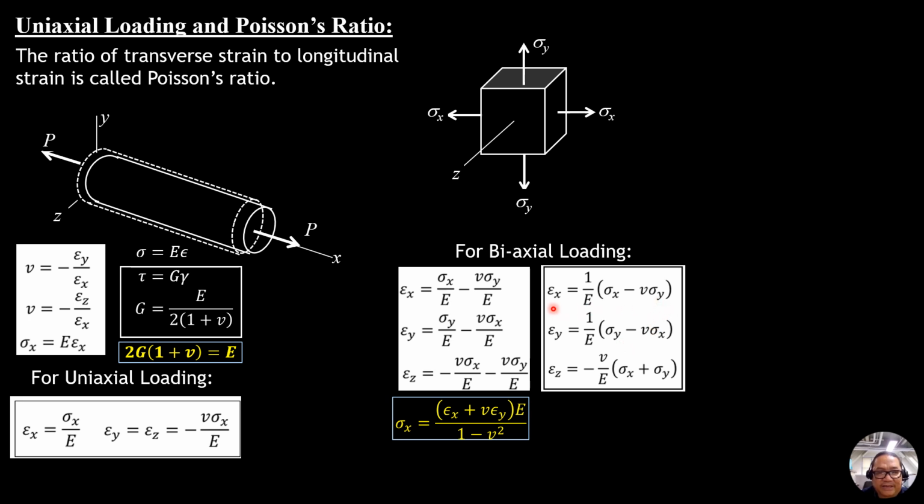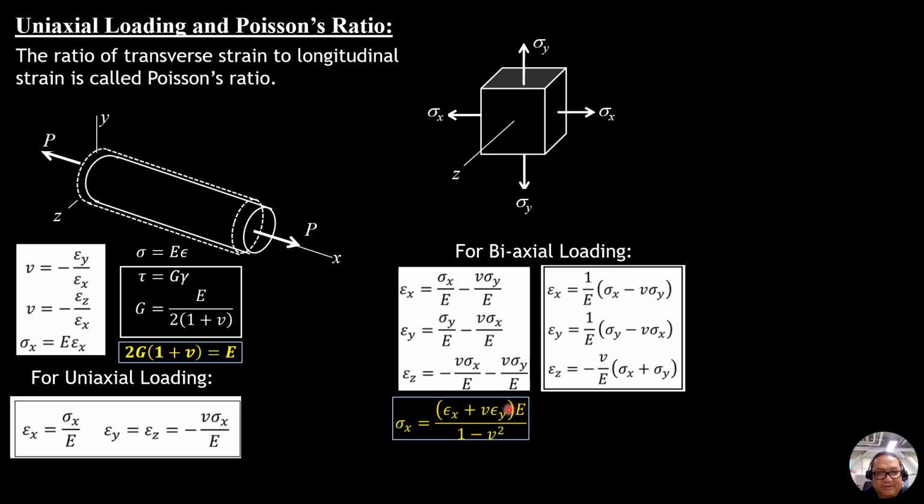So strain in x times E, then plus Poisson's ratio times sigma y, and we replace sigma y by modulus of elasticity times strain y from this relationship. So sigma y is E times strain along y.